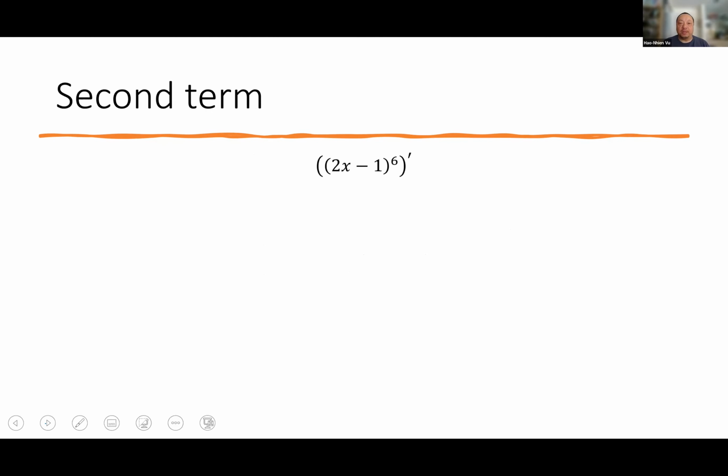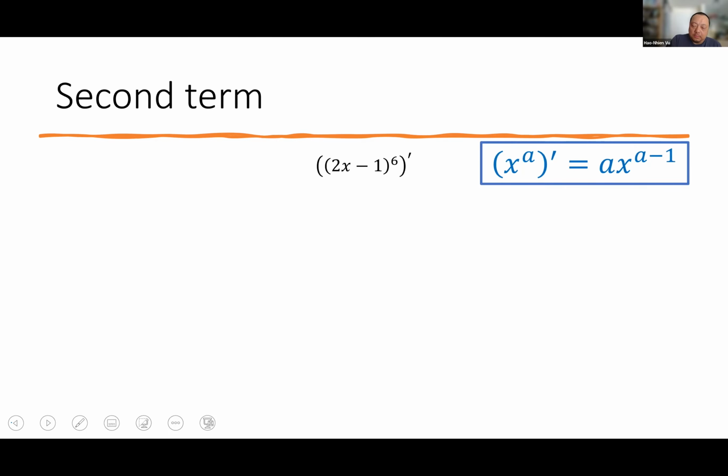So the second term is (2x minus 1) to the power 6, derivative of that. What is it? Is it a product, a division, or a single function? Not a product, not a division. It is a single function. It's the power 6. Since it's a power 6, I apply the formula for power, where my a is equal to 6.